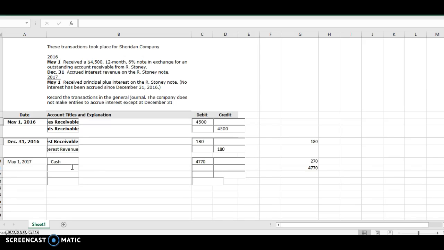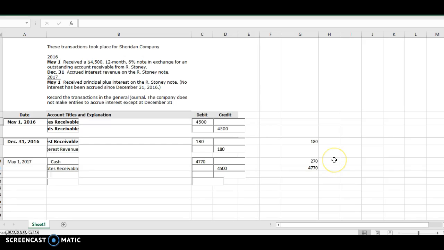And that is, we're then going to credit the notes receivable to cancel out up here for the 4,500 balance there. So that's been paid.